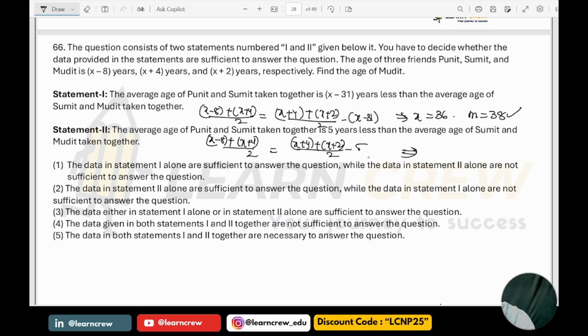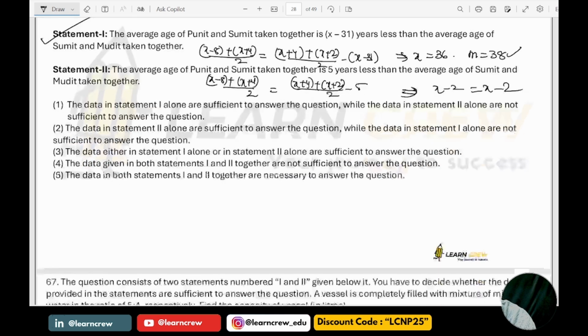If you simplify this, x plus 4 by 2 cancel. Thereby x minus 2 is equal to x plus 3 minus x minus 5. Finally you will get x minus 2 is equal to x minus 2 only. There is no solution. Only one is sufficient.